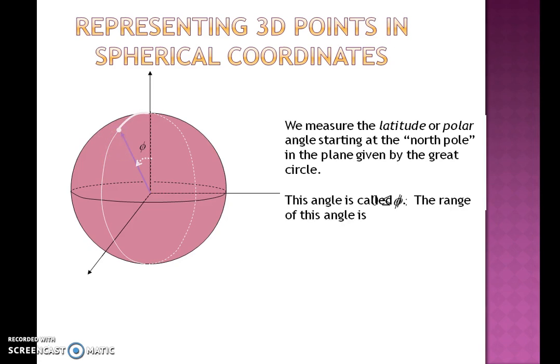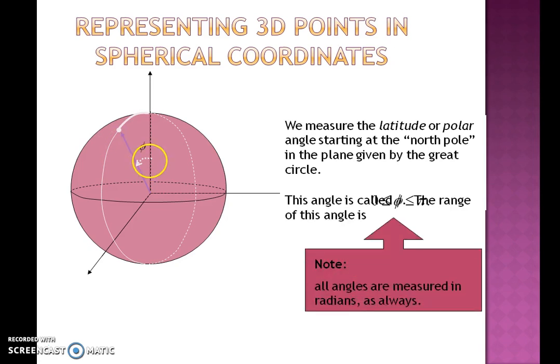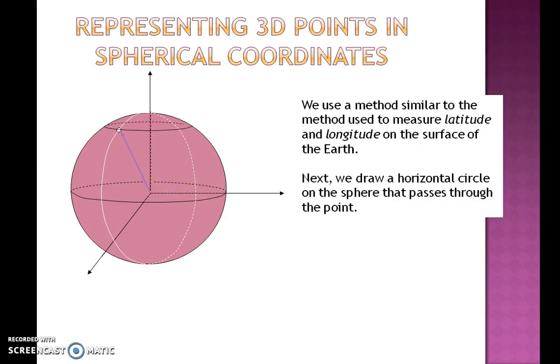We measure a latitude, or polar angle, starting at the north pole in the plane given by the great circle. This is called the angle phi. The range of this angle is 0 to 2 pi. We use a method similar to measuring latitude and longitude.